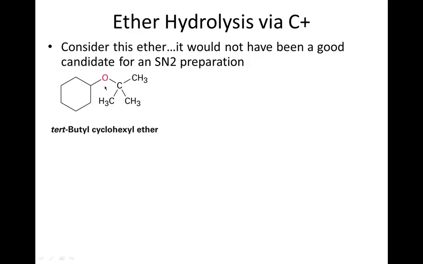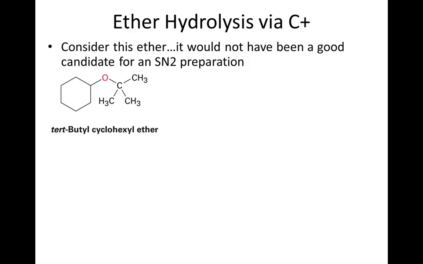But these guys, this tertiary carbon right here attached to this oxygen, could make a carbocation pretty well. And even the secondaries sometimes work. So it turns out it's going to be easier to do this, and so we don't really have to have HI or HBr and boiling solution.